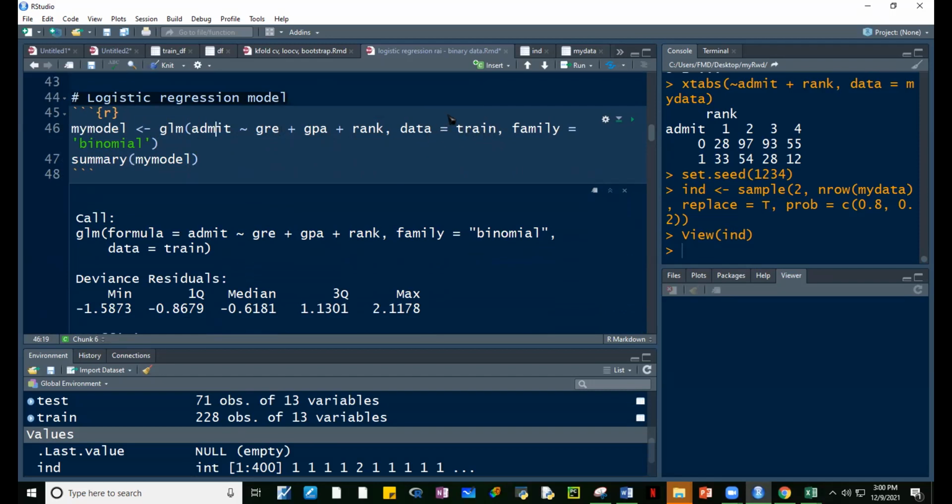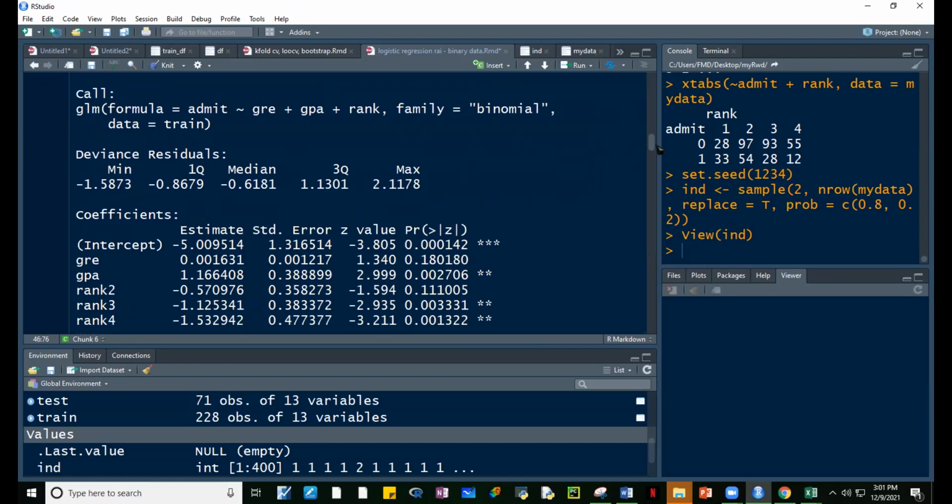The data is the train data. Remember, we split between train data and test data. For GLM you have to include the family, which is binomial. Then we run the model.